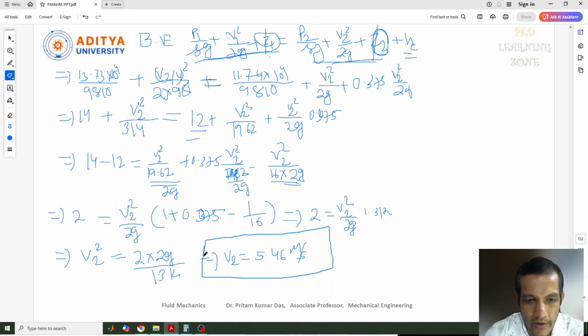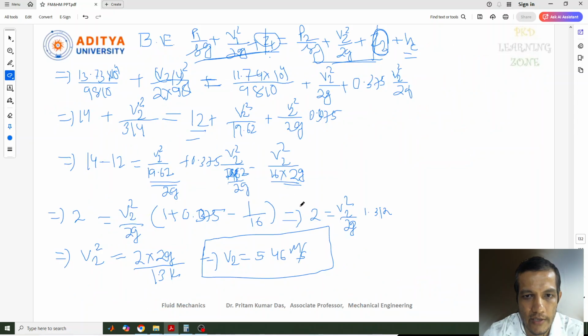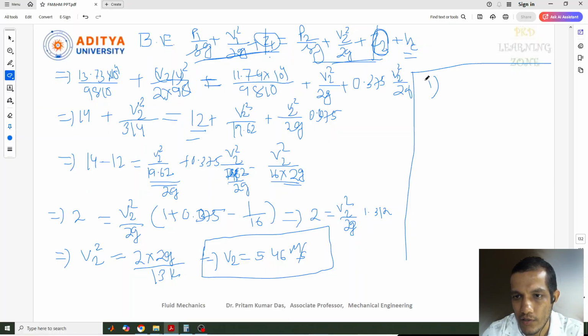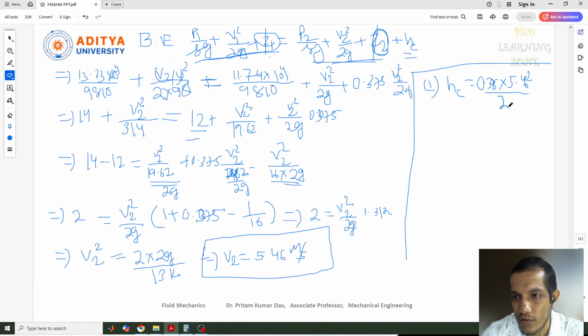Now once we have the velocity, immediately we can calculate the values required: HC, the head loss due to contraction, and the rate of flow. These things we can easily calculate by substituting the values. First one is HC equal to 0.375 into V2 square, V2 square is nothing but 5.46 square, divided by 2G, 2 into 9.81.